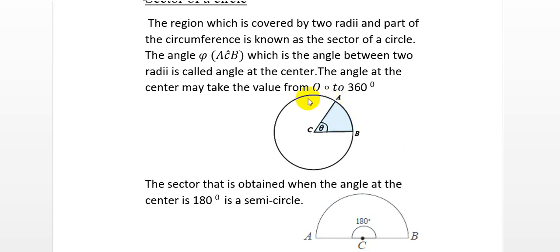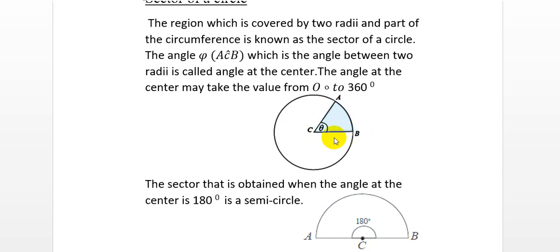If you take the whole circle, the part of the circle with two radii, AC and CB, this particular portion is referred to as a sector of a circle.